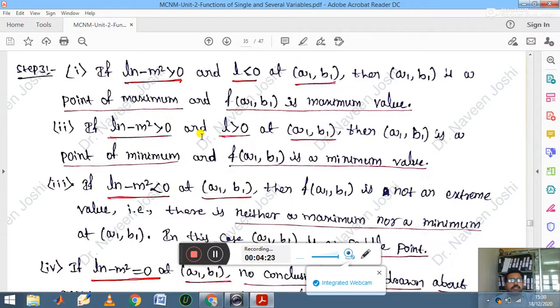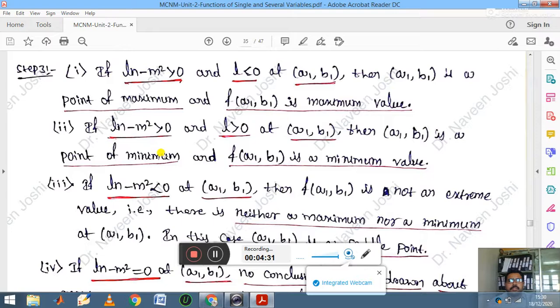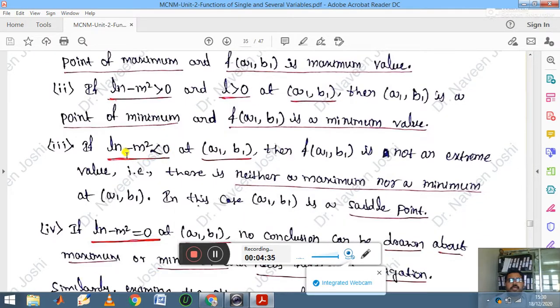Second is the condition for minima and minimum value, and the third one: if ln minus m square is negative. In the first two cases ln minus m square is positive, but the third case is when ln minus m square is negative at (a1, b1). Then f(a1, b1) is not an extreme value, that is, there is neither a maximum nor a minimum at (a1, b1).